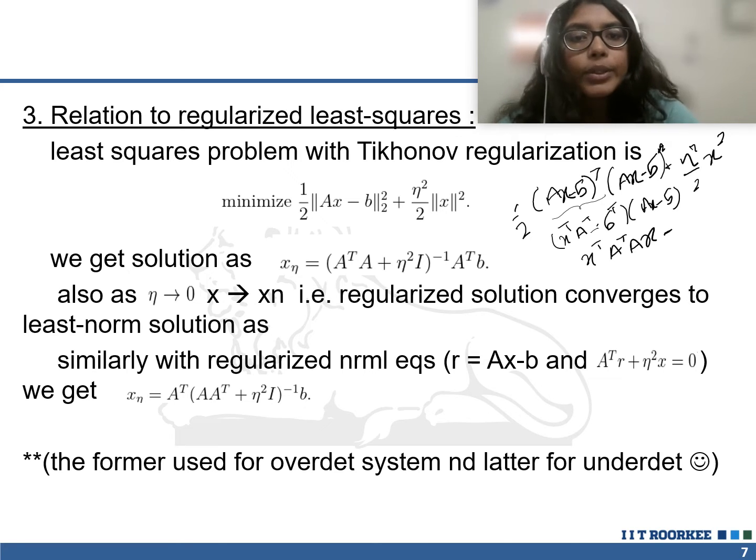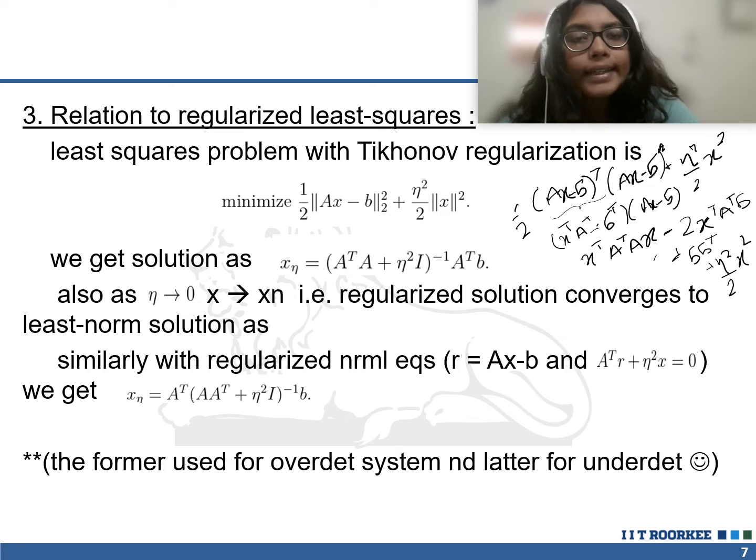We can observe that if x transpose A transpose b is some k, then k transpose will be b transpose Ax. So k plus k transpose are similar, and we can write them as 2 of x transpose A transpose b, and then plus b transpose b plus η²/2 ||x||². We need to minimize this.